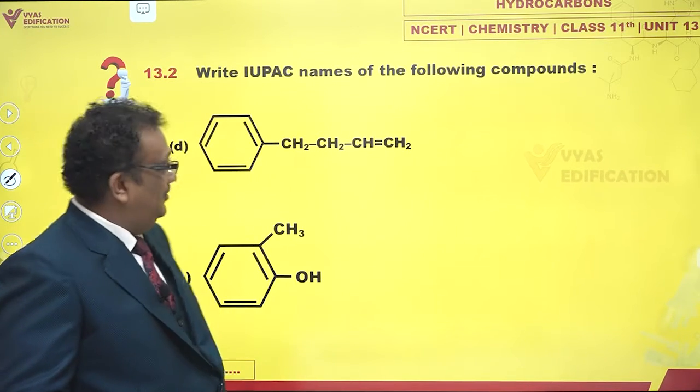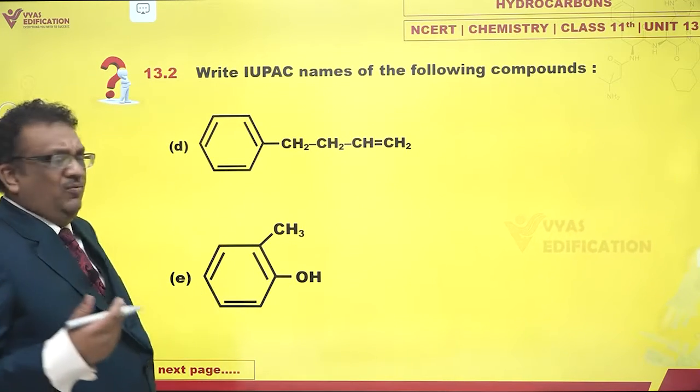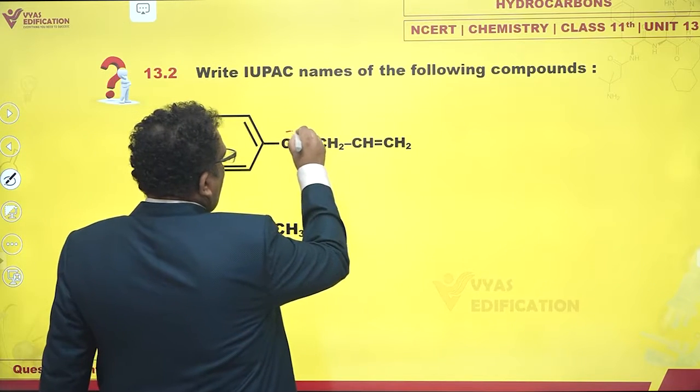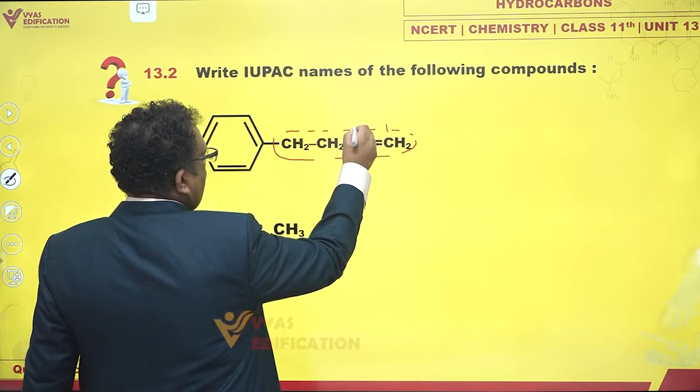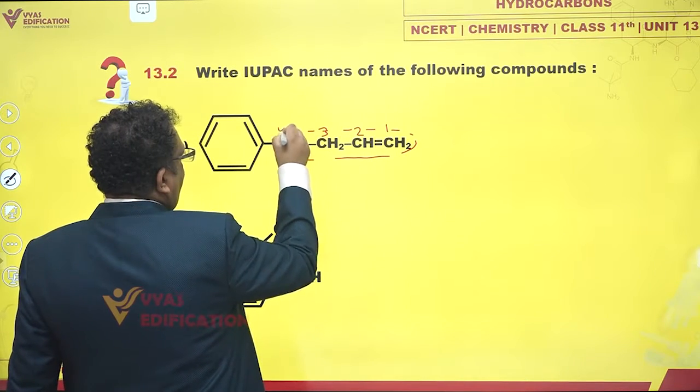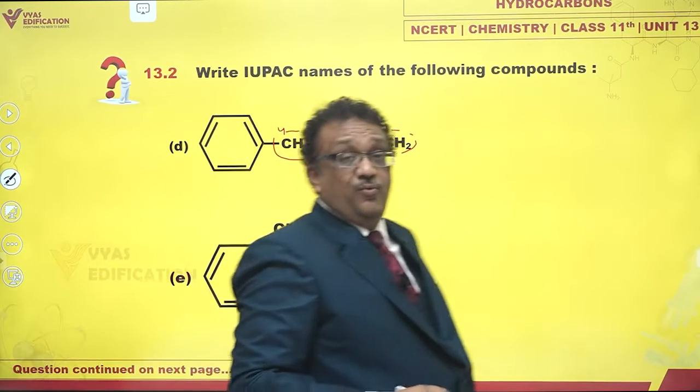Then D. Oh my God, what should I do? Well, the carbon chain can be chosen. 1, 2, 3, 4. And then what do I say?